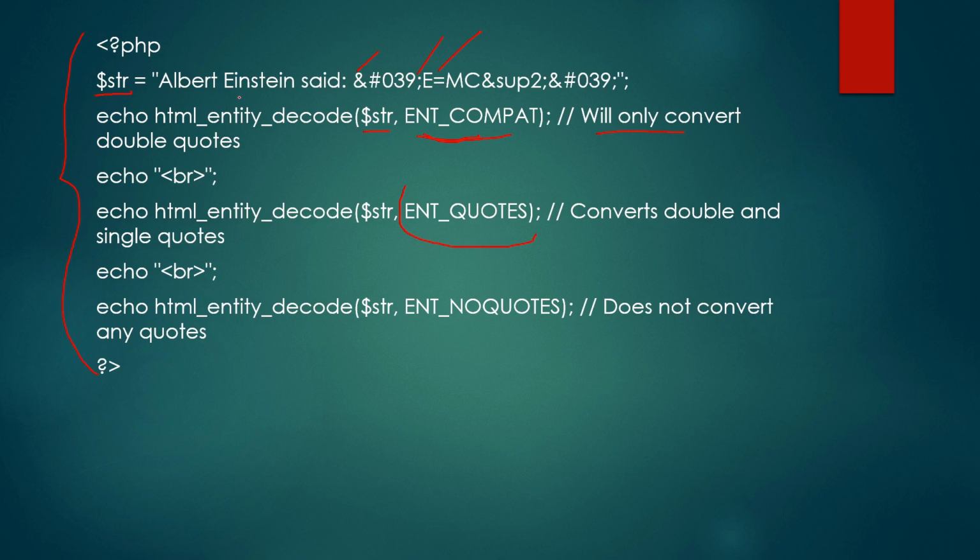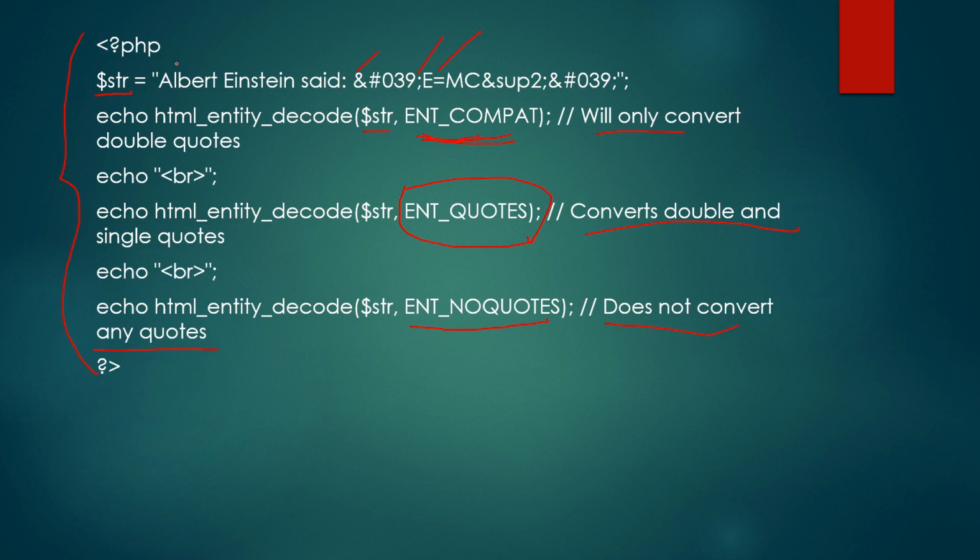If I have double and single quotes present inside my string, it will convert them as well. And third is ENT_NOQUOTES, so it does not convert any quotes. These are the three types of flags generally we use. Of course, there are some more, but these are commonly used ones. So if you use the first, it will only convert double quotes. The second will convert double and single quotes. And the third does not convert any quote.